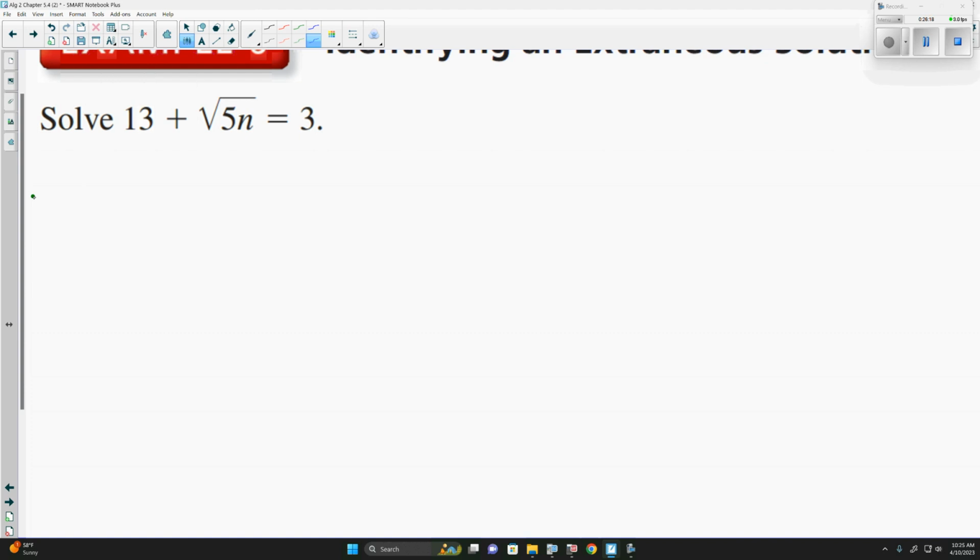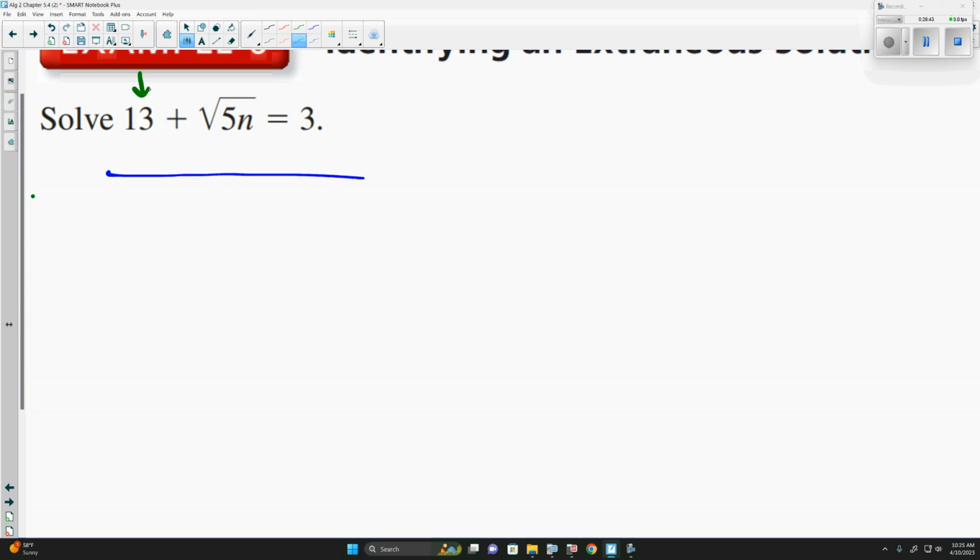Solve 13 plus the square root of 5n is equal to 3. So again, when we look at this here, is there one radical? Is it by itself? No. So what do we need to do to get the radical by itself? What is with the radical?